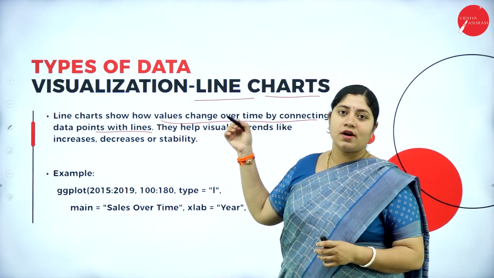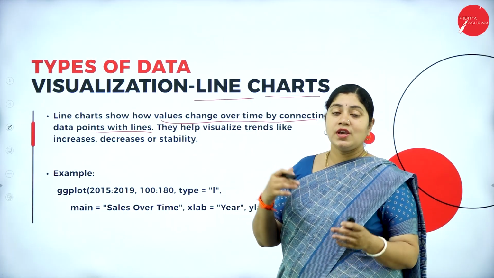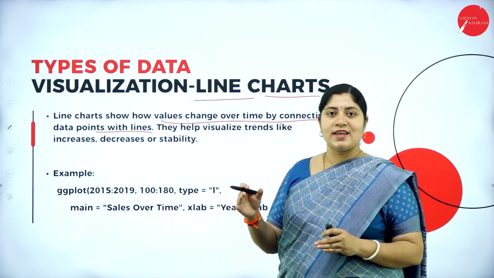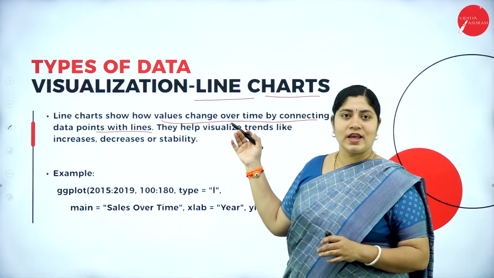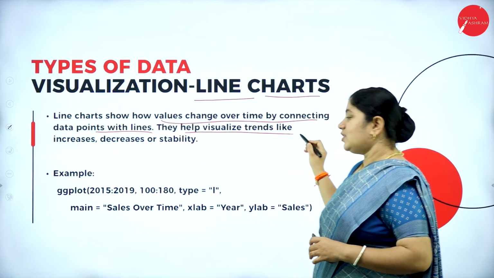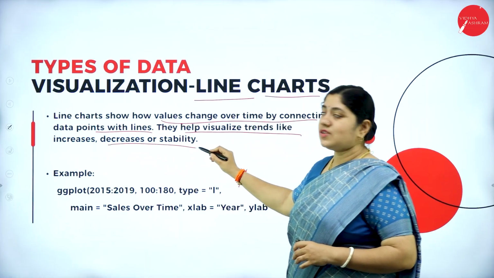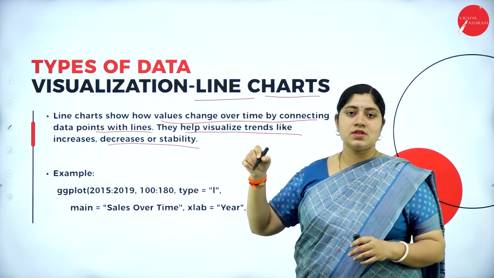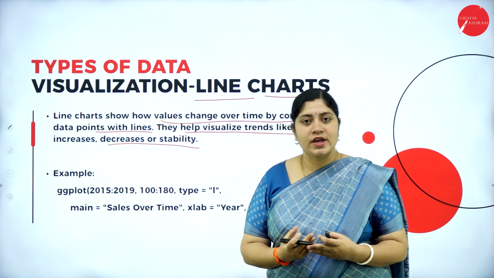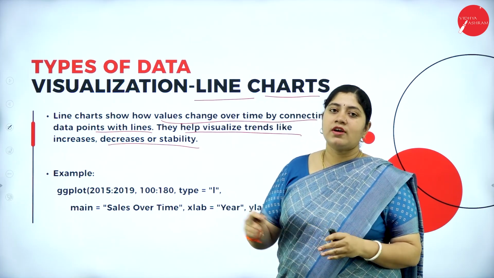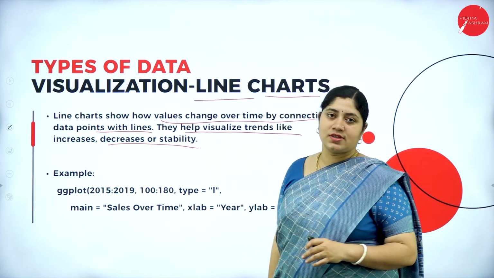So we are typically using lines itself in order to form a line graph. Then why is it used? It helps to visualize trends, like the increase in the value, the decrease in the value, or we can also define the stability. So that's where we'll be using line charts.